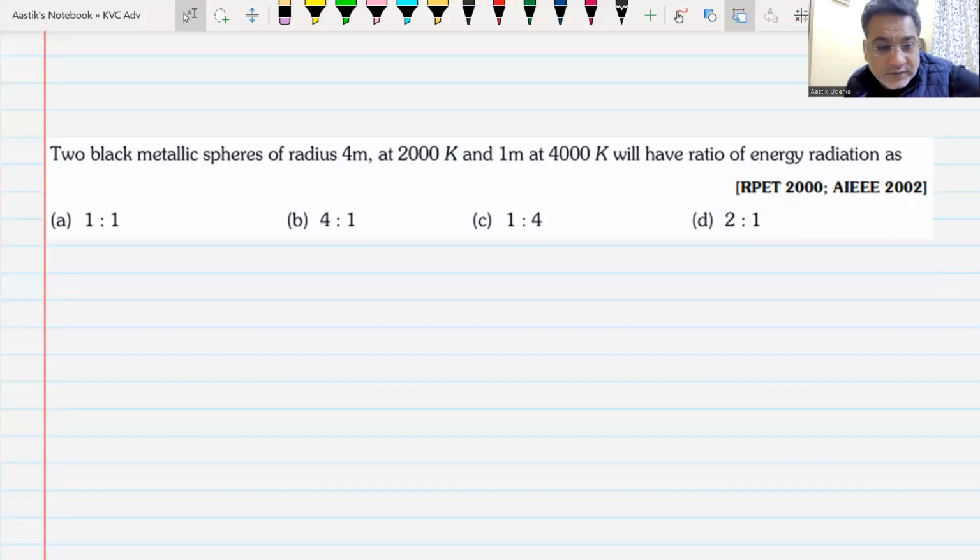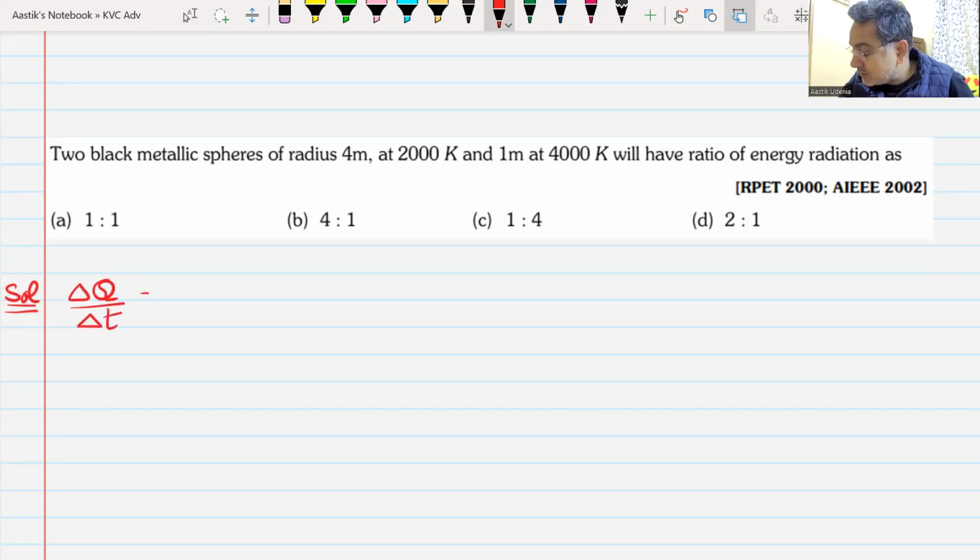How did you get 4:1? Sir, it is directly proportional to area and energy Q per unit time, dQ by dt. Yes. It is directly proportional to E sigma A T power 4.